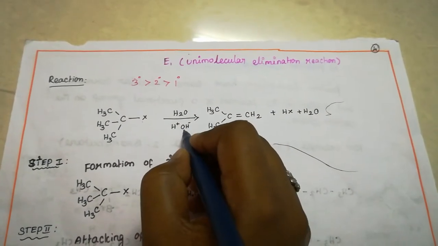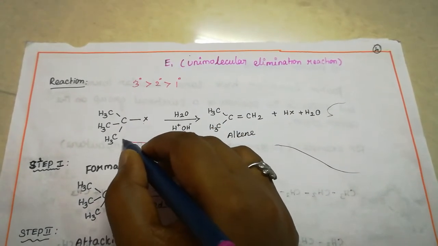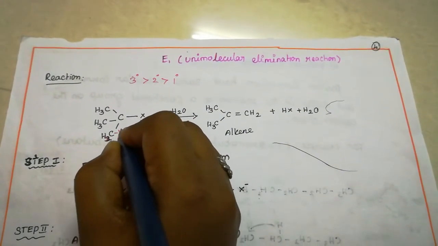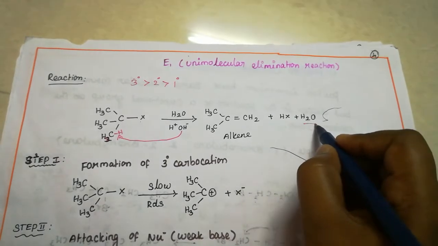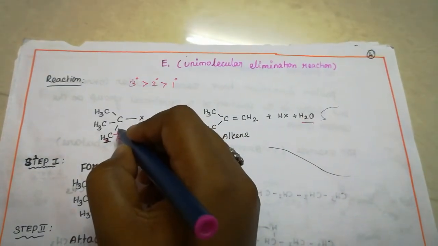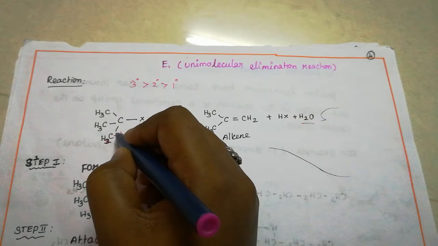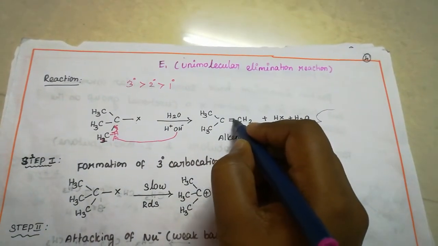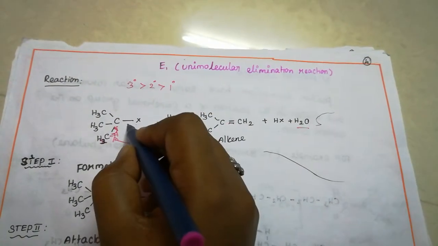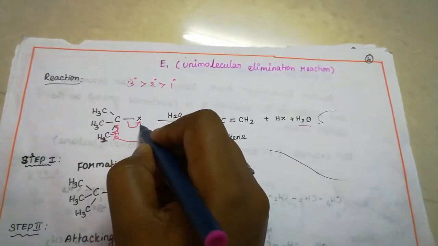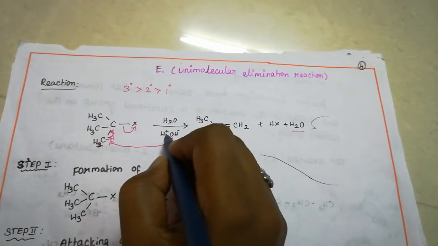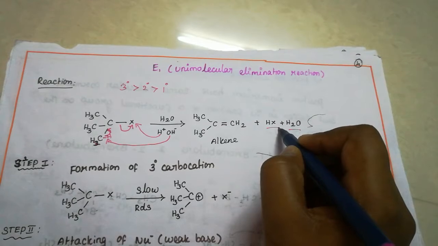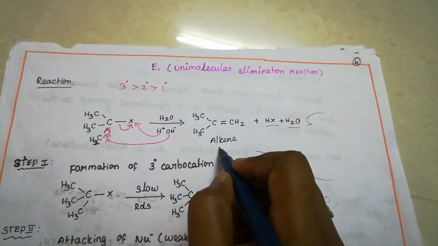This OH minus abstracts this hydrogen to form water molecule, and this bond shifted to here to form a double bond, and this bond shifted to this halogen. Then the H plus abstracts this halogen to form HX. The final product is alkene.